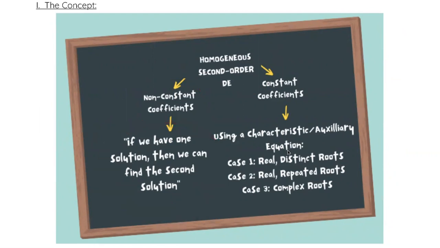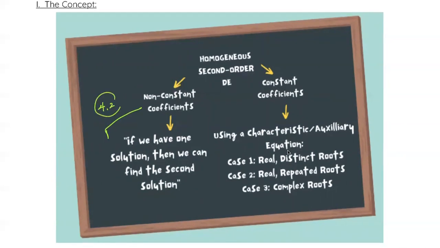That would correspond to section 4.2. But in our context today, we're going to finish our conversation about the principle of superposition. Then we're going to get to the characteristic and auxiliary equation and talk about our 3 cases.